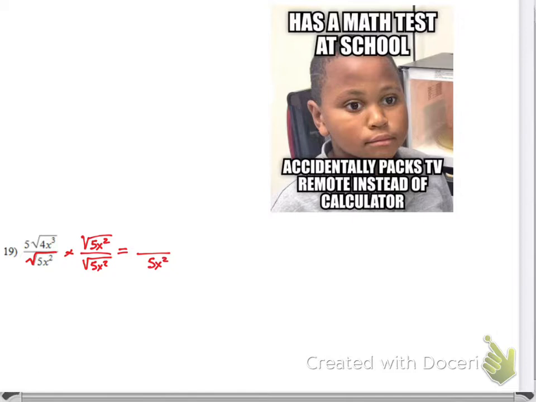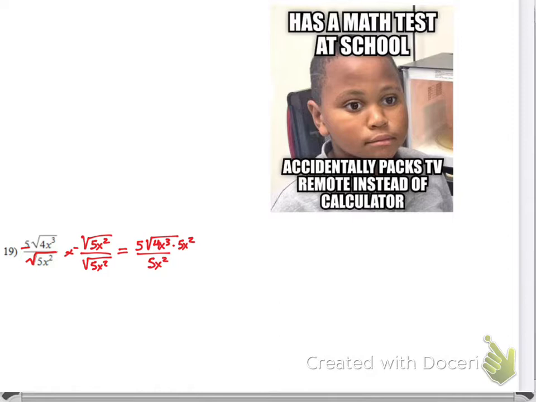And then, so I take this 5, there's nothing in front of here, so I just assume that's a 1. That's going to be 5 radical 4x cubed times 5x squared.